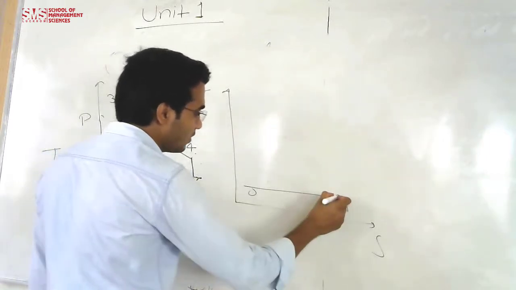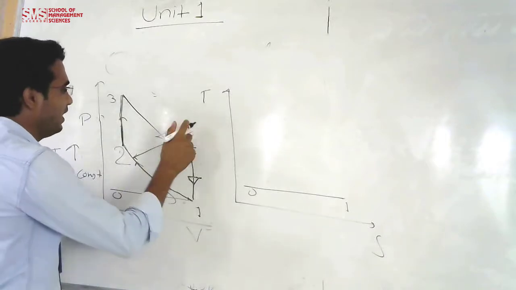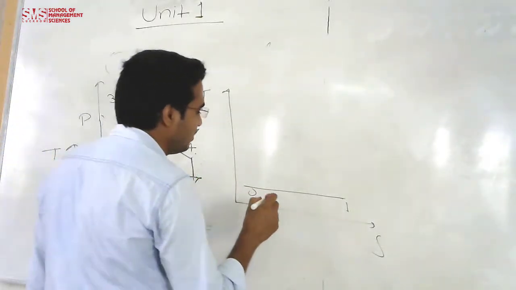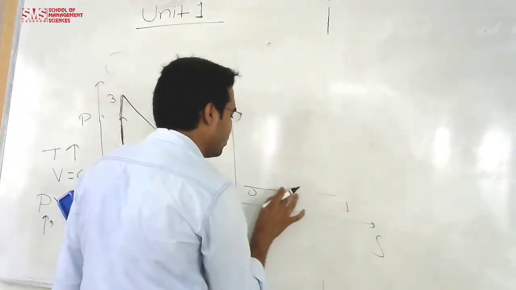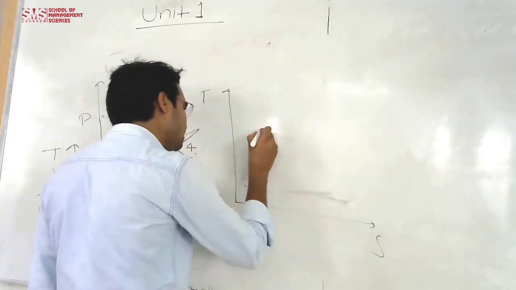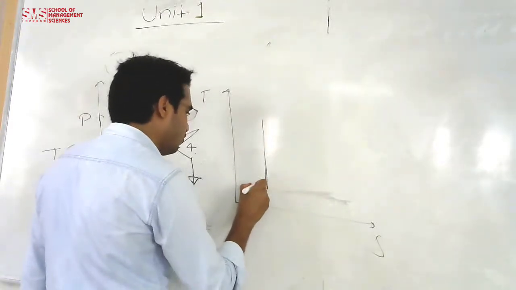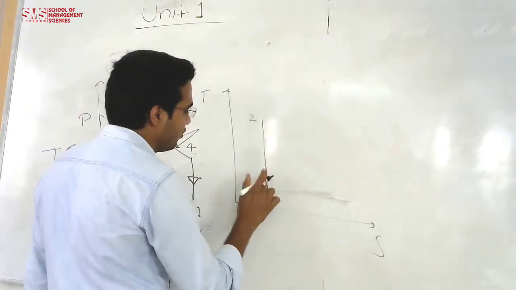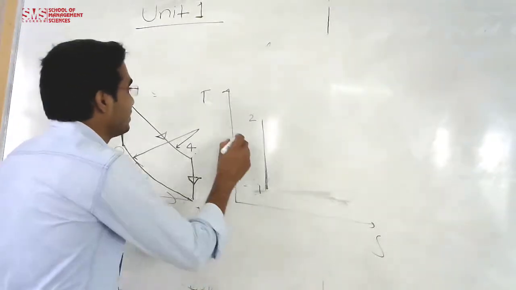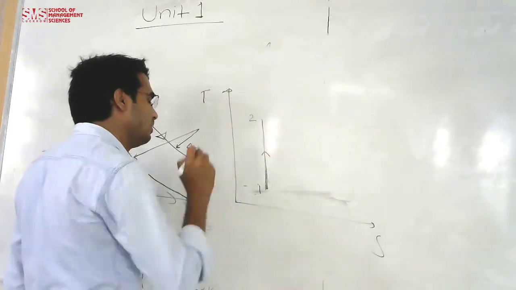Now 1 to 2 is a reversible adiabatic compression, which means an isentropic process. In 1 to 2 entropy remains constant, but temperature increases, because we know that in compression temperature increases.